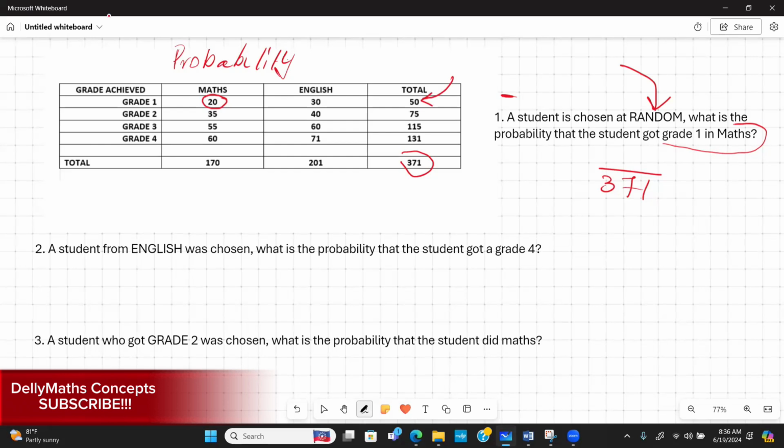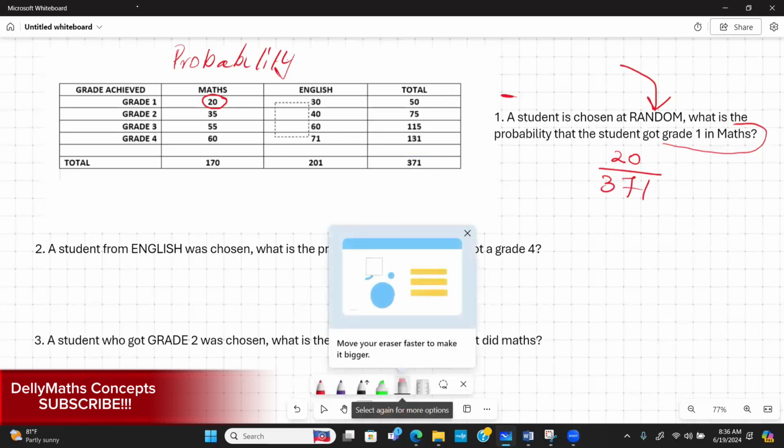So it's simply 20 over the 371. We want to focus on the keyword. Again, random suggests that we're dealing with everything, which is 371, and then 20 over 371. All right, so that would be the answer for that.